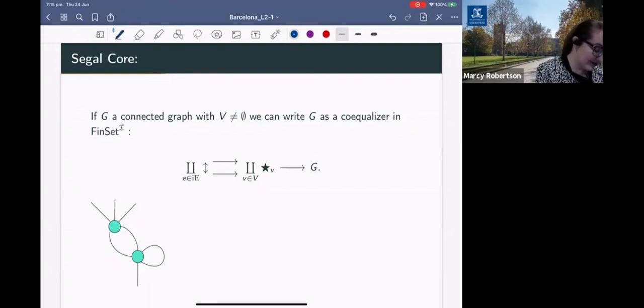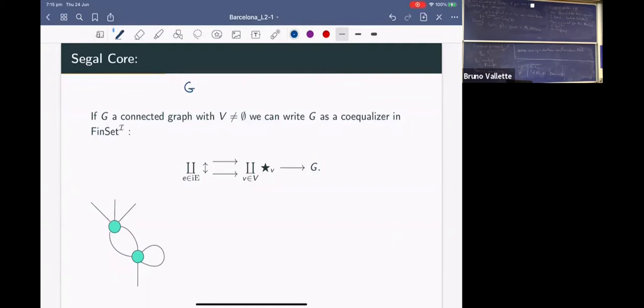So remember that any graph G, I said, you could think of as a diagram, right?